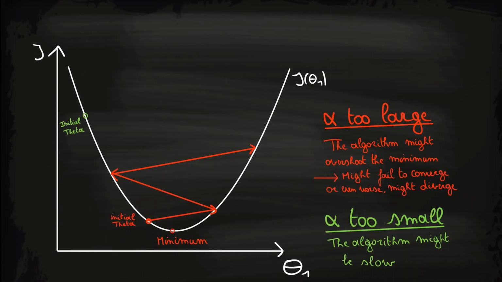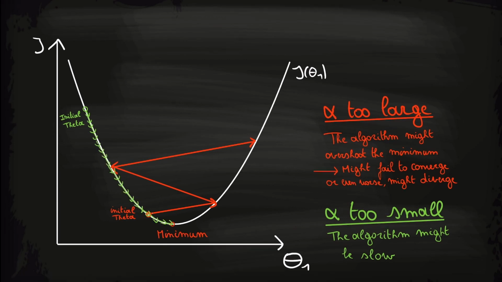On the other hand, if you take a value for alpha that is way too small, it will probably take a long time for the algorithm to converge. So ideally we want a value for alpha that is neither too small, nor too large. But to explain the concept of gradient descent, we don't need to know this yet. We will see how to get a good value for alpha in a later video.